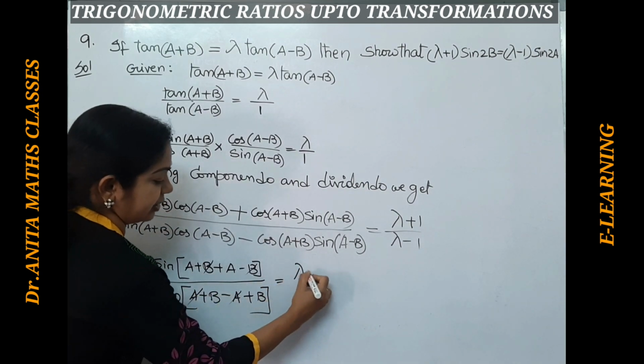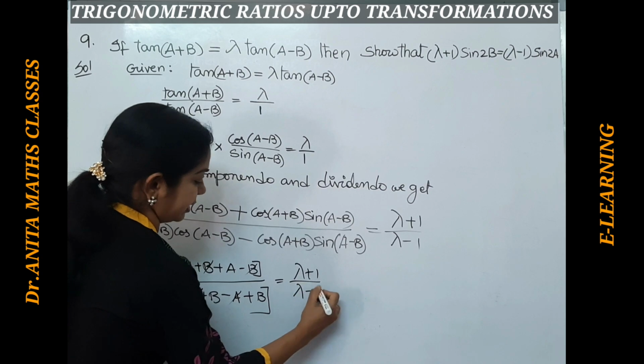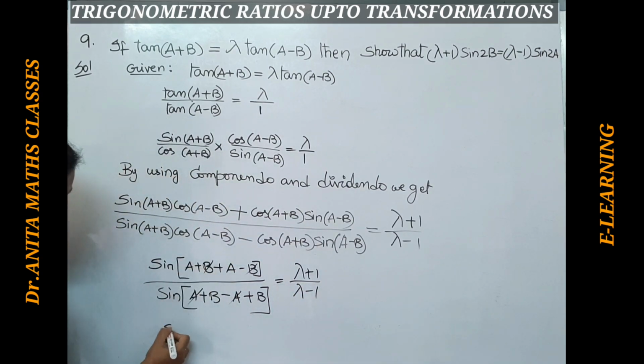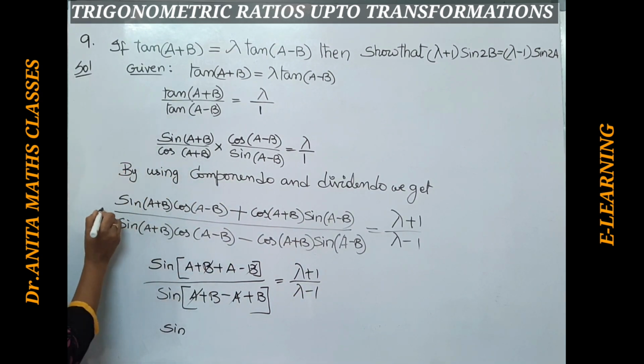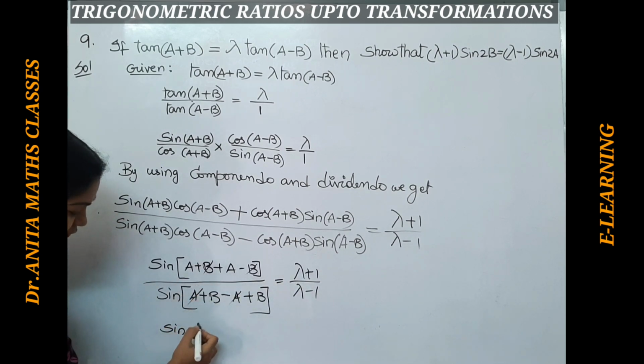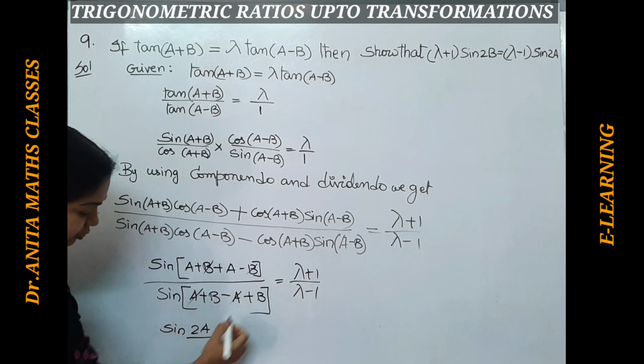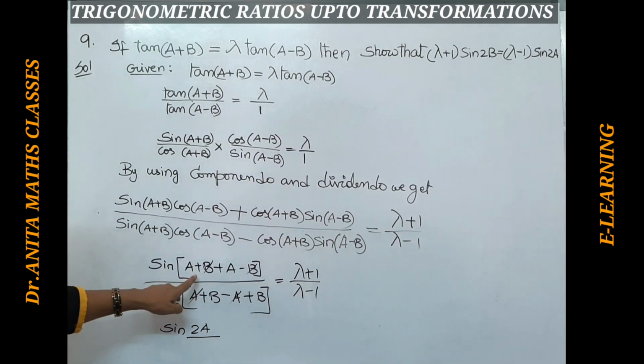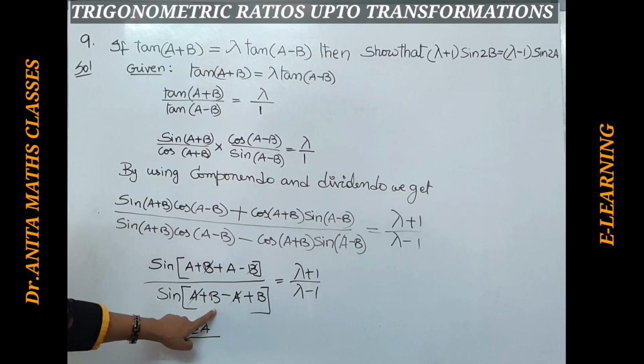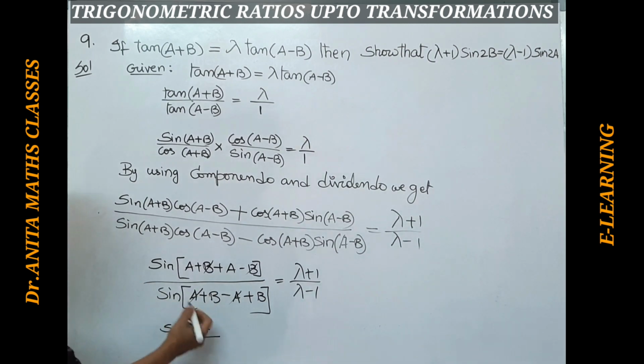Here this part we have lambda plus 1 by lambda minus 1. Here we get sine 2A divided by sine 2B, right.